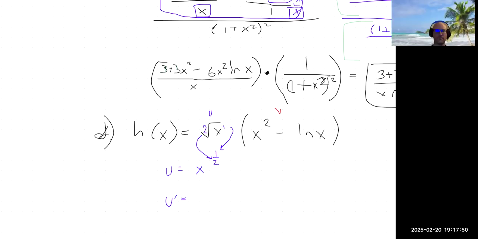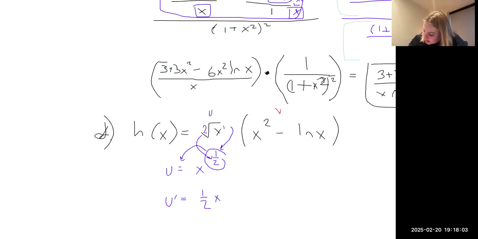We're going to do the same thing that we've been doing with the general power rule. So 1/2 x to what power? To the half. Well, I hear people say -1/2.